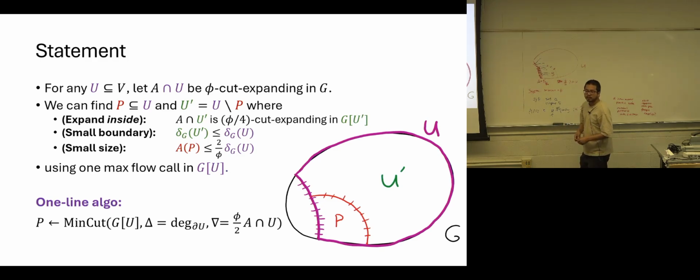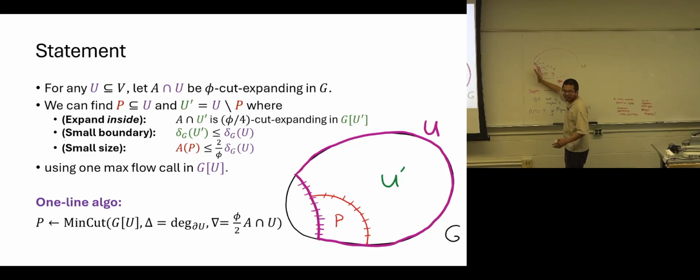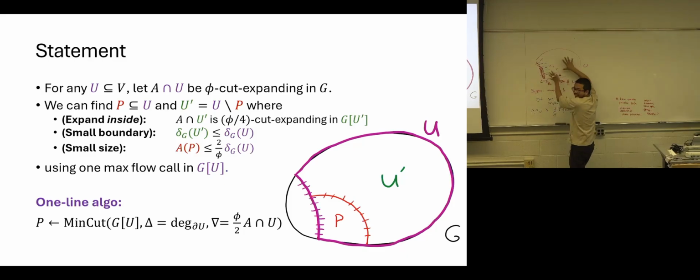Because we can't send this flow through that. Exactly. The flow here can be sent successfully to this graph. But if there is a bottleneck here, the flow shouldn't be able to be sent.